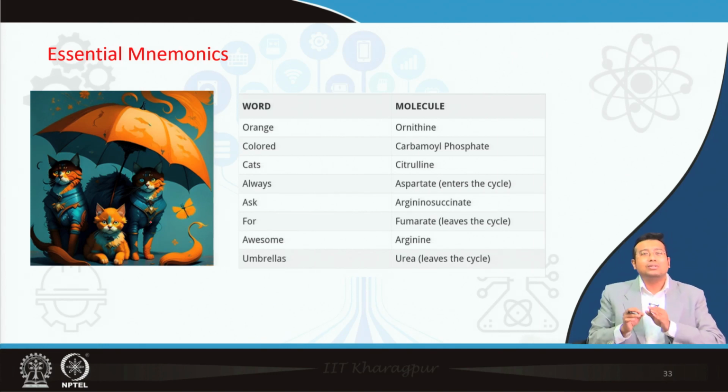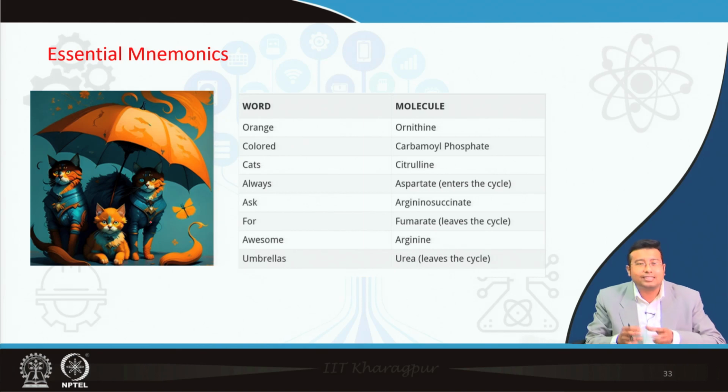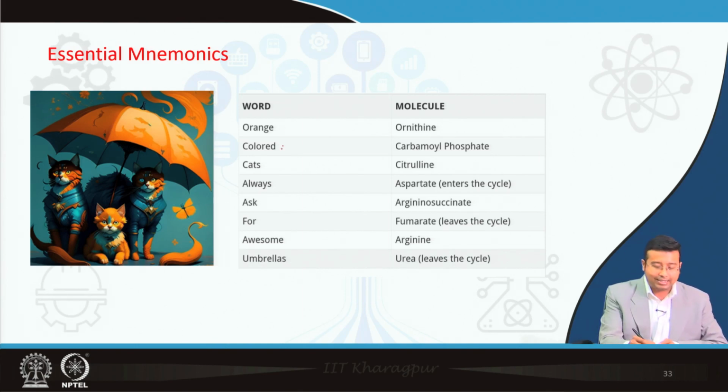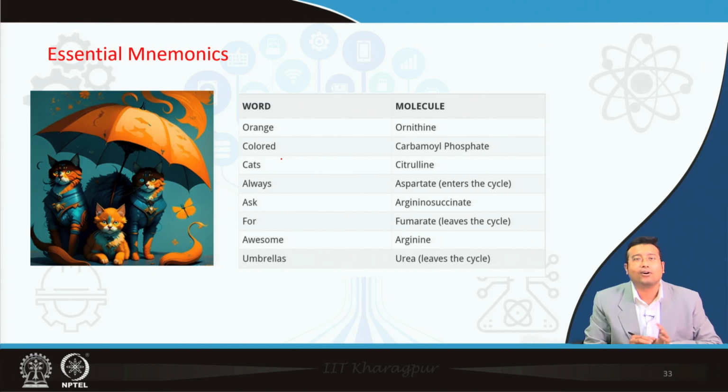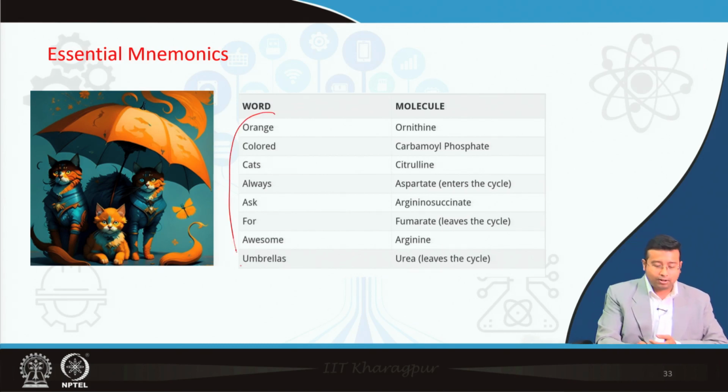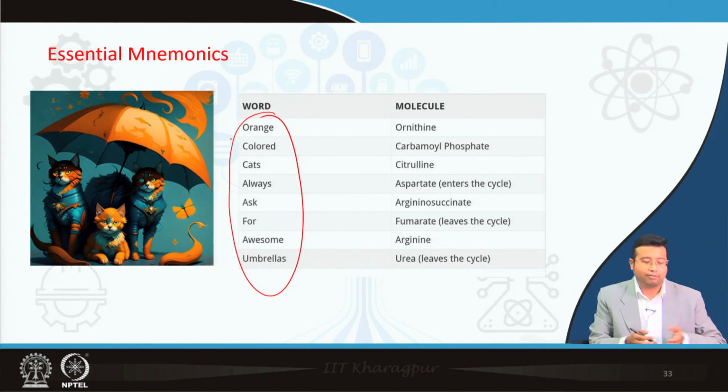Basically, we use simple phrases to which we can relate the names. In this case a very nice mnemonic is: orange colored cats always ask for awesome umbrellas. You can remember this. I have given a pictorial illustration so that this picture might get imprinted in your brain.